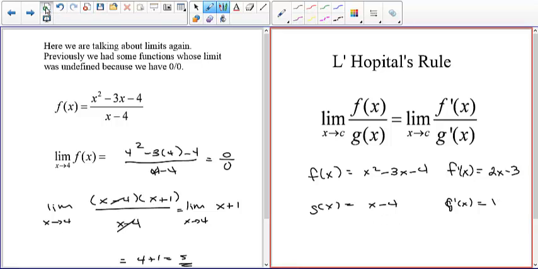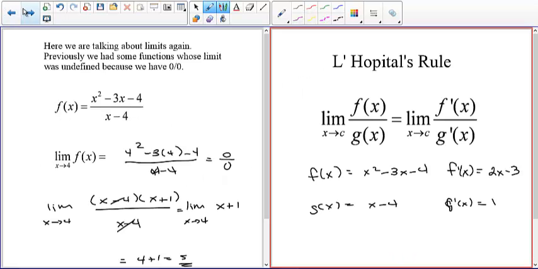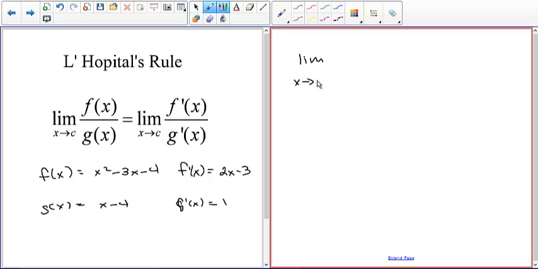So what we can say is that the limit as x approaches 4. It really doesn't have to be 4. It could be any number. It'll still work out. But in this case, at x equals 4, it's indeterminate. If it was anything other than x equals 4, we just plug the number in and we'd be done. But when we plug in x equals 4, we get indeterminacy.